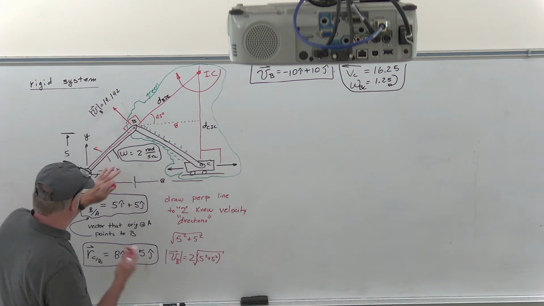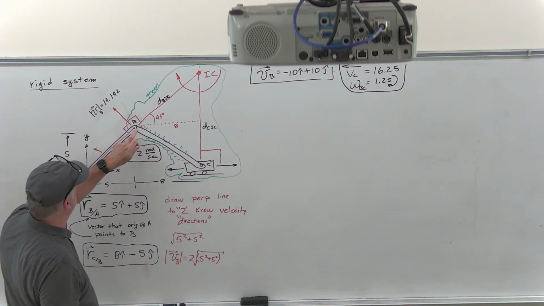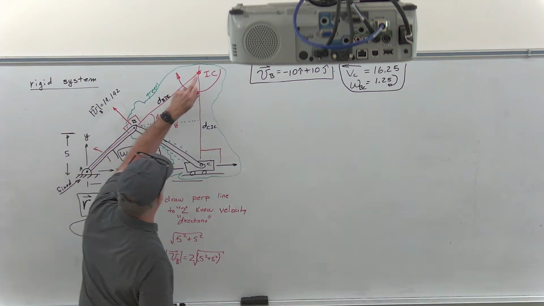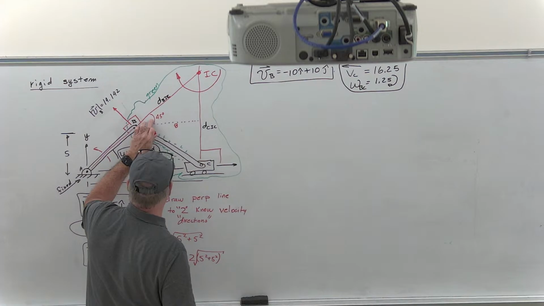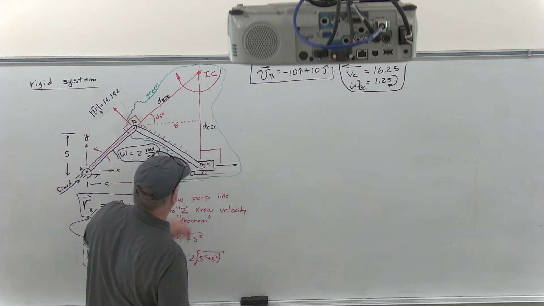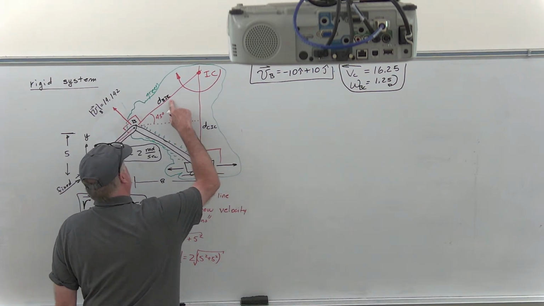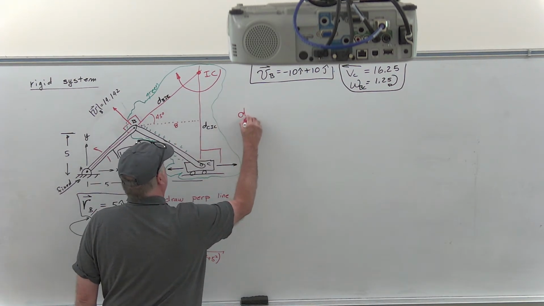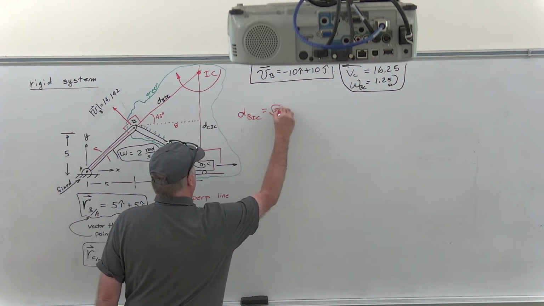Yours might be different. They might give you the angle. But anyway, I need to know the distance from here to here. If I have 8 and a 45, that means the distance from B to the instant center has to be square root of 2 times 8.